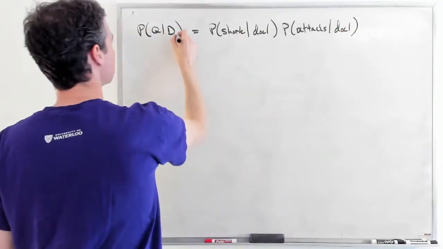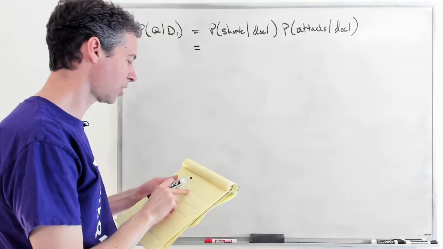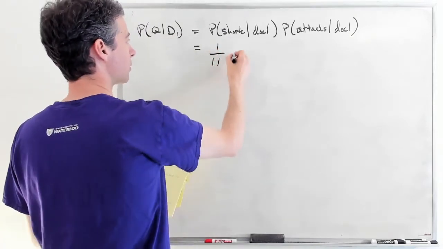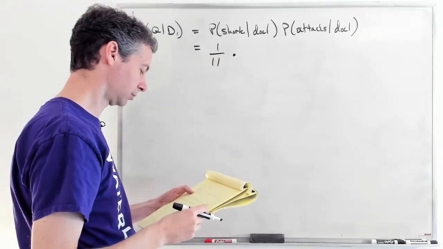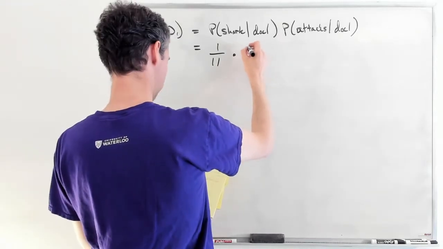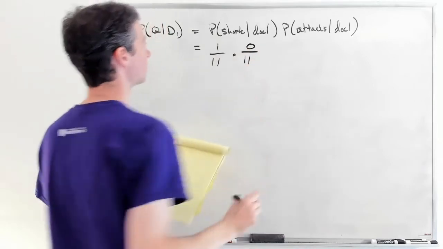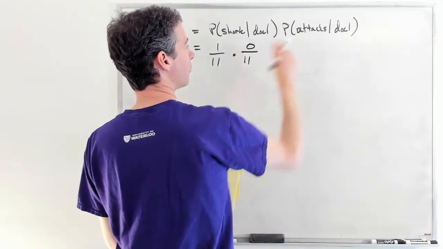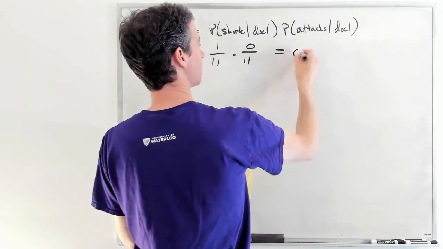So shark appears once out of 11 words, and we'll multiply this by, oh, poor doc 1 doesn't have the word attacks in it. It's 0 out of 11. And so the likelihood of the query coming from this document is 0.